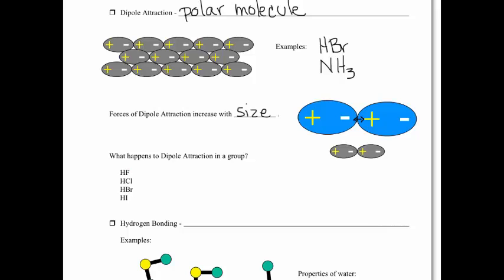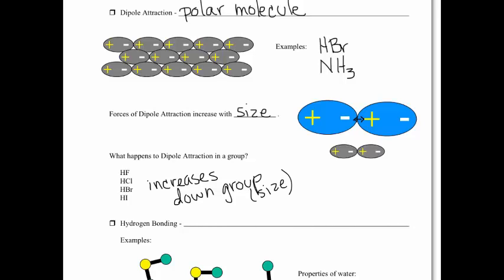And what happens to dipole attraction within the group is that it will increase. It'll actually increase down the group. And that's because of the size.